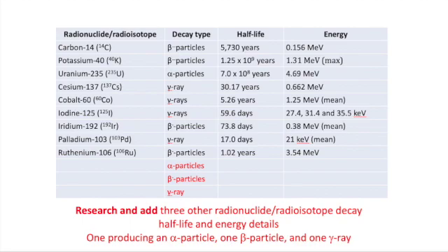And often with the decay of elements, it occurs in a series. So for example, for uranium there, the first decay is that of an alpha particle.